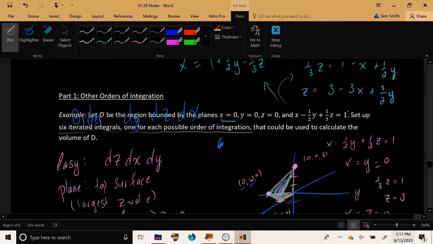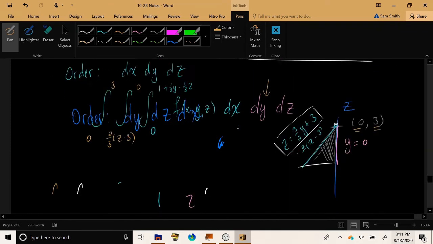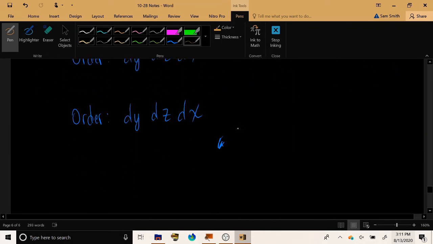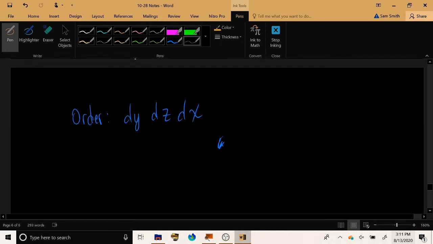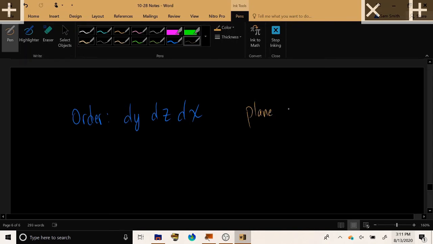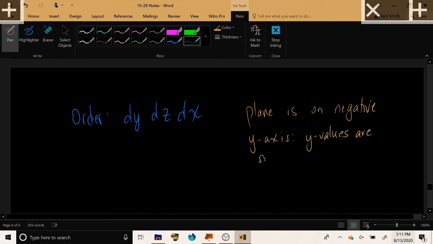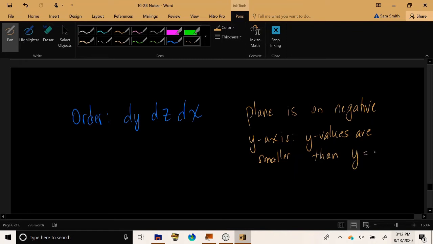So if we take this plane, that plane's equation, where y is isolated, is going to represent the lower limits of integration. The plane is on the negative y-axis; the y values are smaller than the y equals 0 that we have.